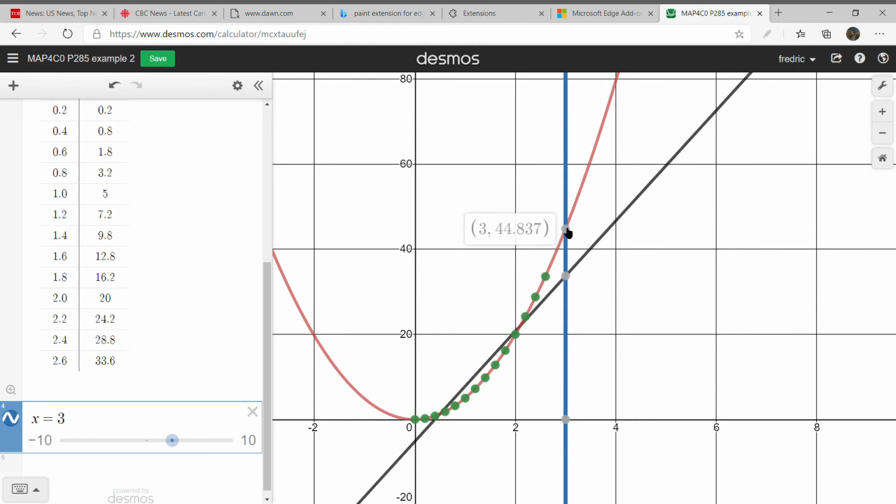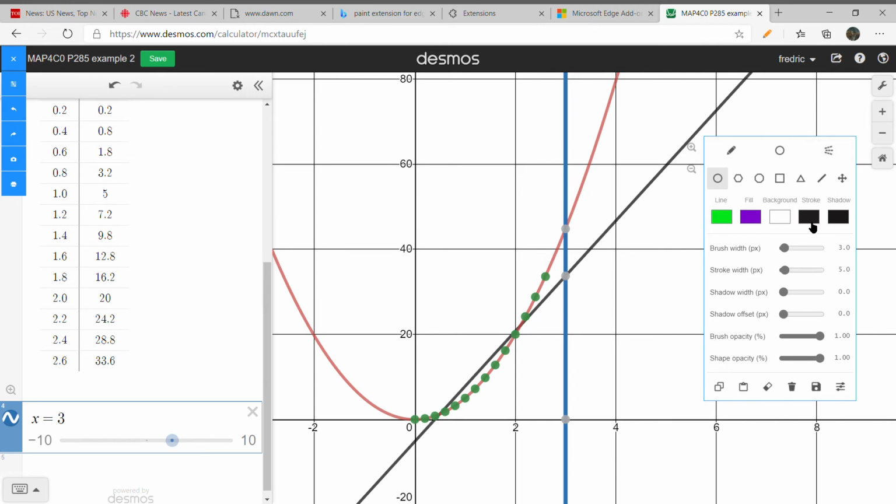And you notice that when the x value is 3, the y value is 44.837. So you can get the information about the x values that you want to know. Since I'm trying to find the value of x beyond the given data points, that is called extrapolation. I'm going to write that down for you.